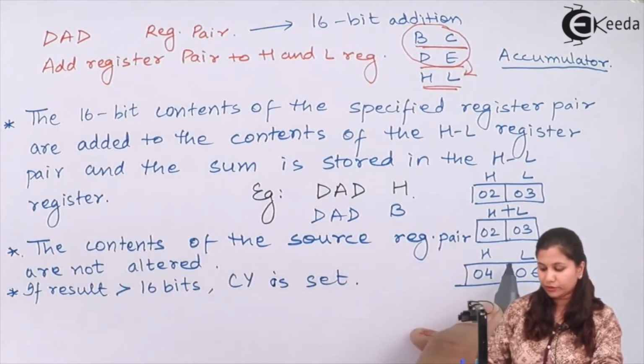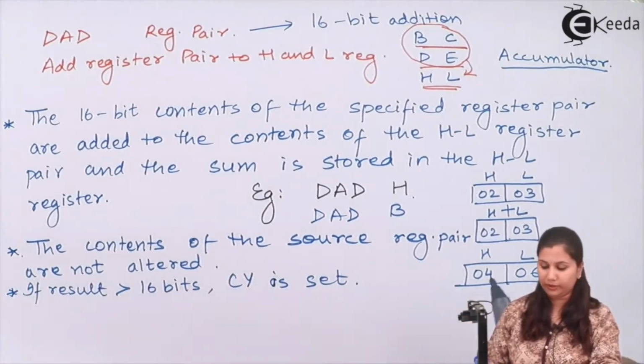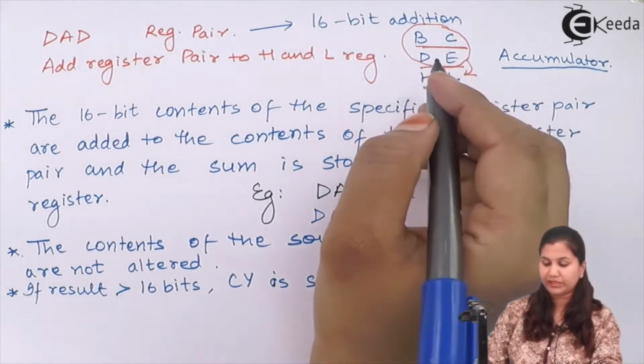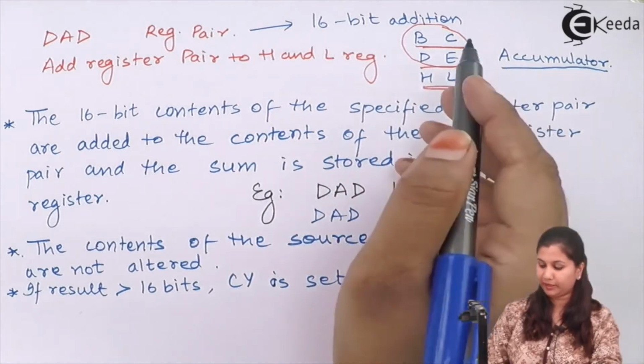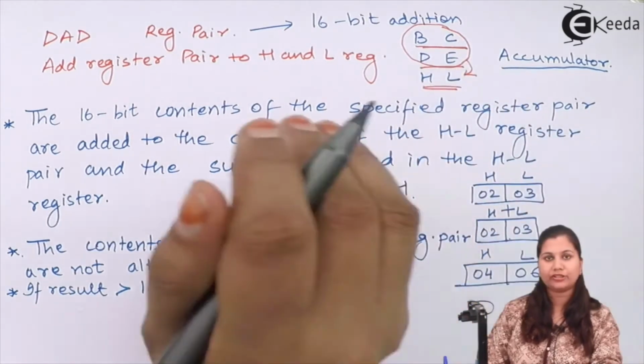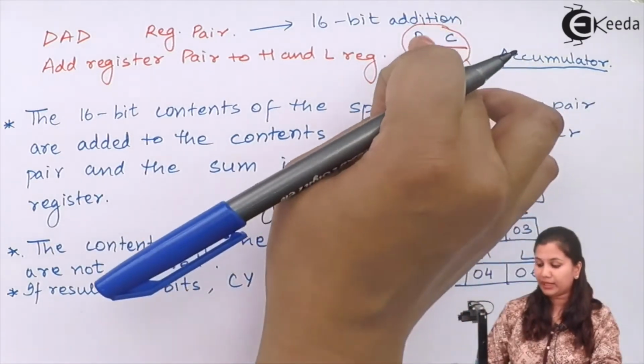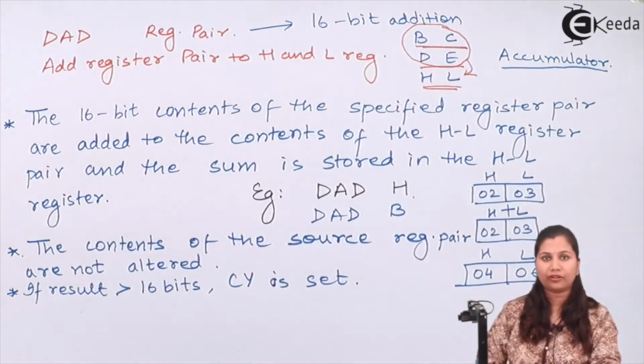So the contents of the source register pair are not altered. If in the BC register we have 16-bit data, then this register and the HL register pair are added and the result is stored in HL. But the contents of the BC register are not changed.